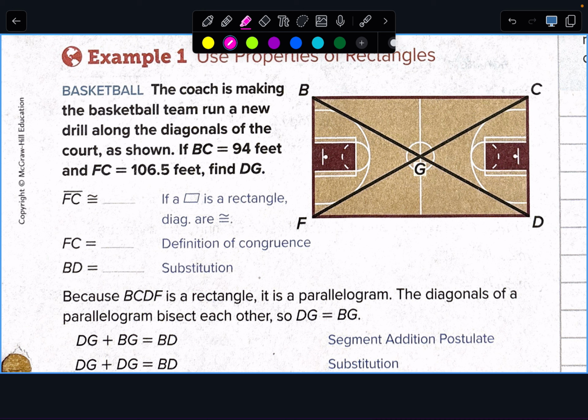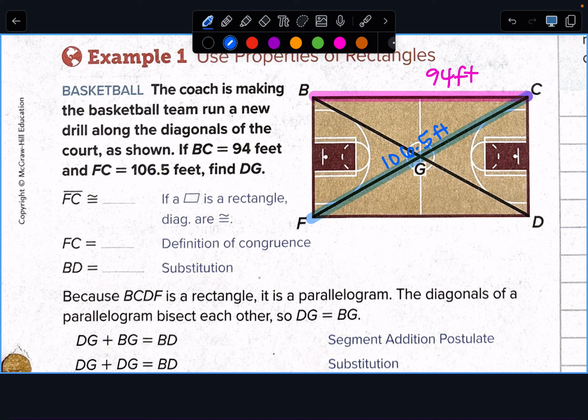The coach is making the basketball team run, that sounds familiar, a new drill along the diagonals. BC is 94 feet. And FC is 106.5 feet.